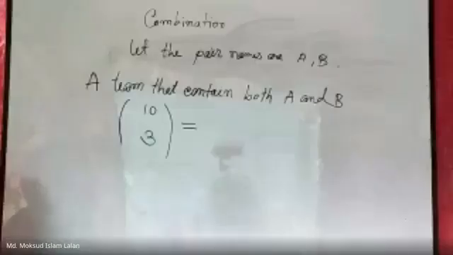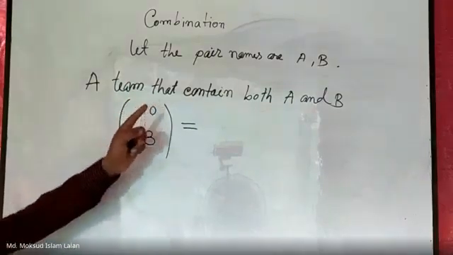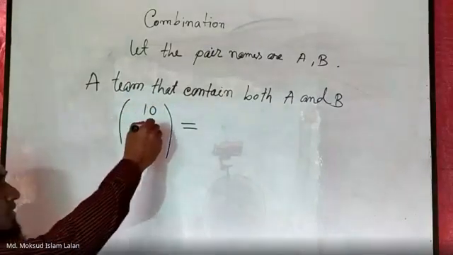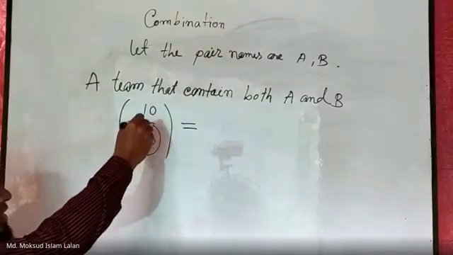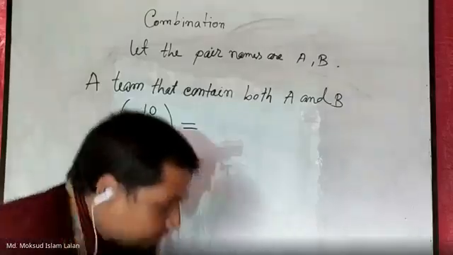Sir, what is 3? What is 5 minus 3? 4. No, not 5 minus 4. Actually, Selim, this 3 means these 3 here, you need to make a 5-member team, right? Yes, sir.